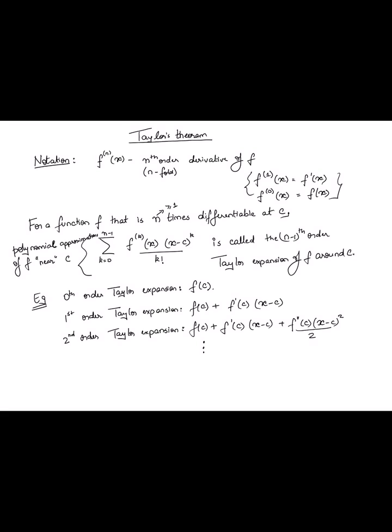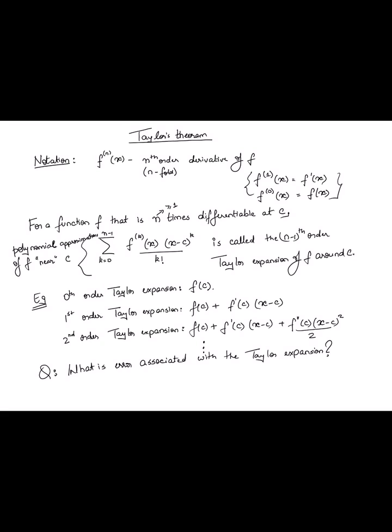Now a natural question would be, what is the error associated with this approximation? In fact, Taylor's theorem gives you an answer about the error associated with the Taylor expansion.